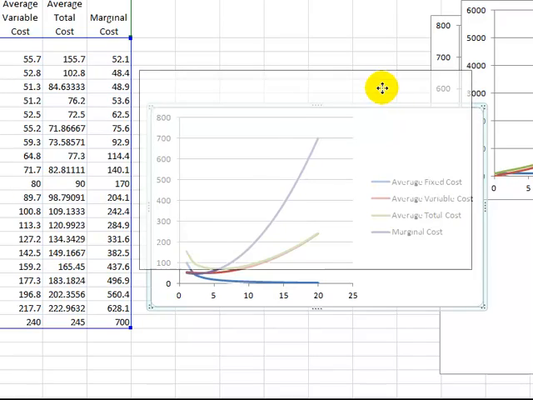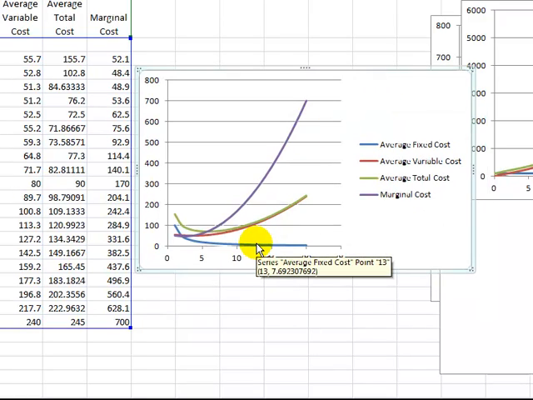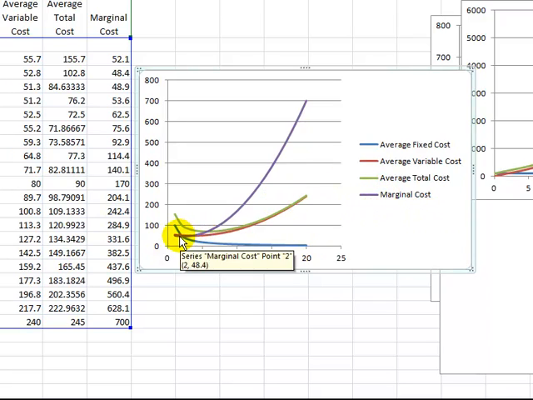Yep, that's the graphs we get here. So average total cost, the green line, the average variable cost, the red one, and the blue one is average fixed cost, gets smaller, and the purple one is marginal cost.